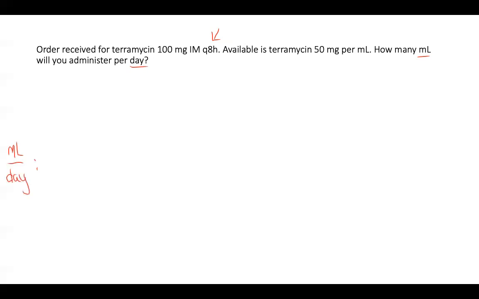Okay. Step 2, we need to build our box. In our box goes our order, which is 100 milligrams per dose. And we need what we have on hand. And on hand, we have 50 milligrams per milliliter.